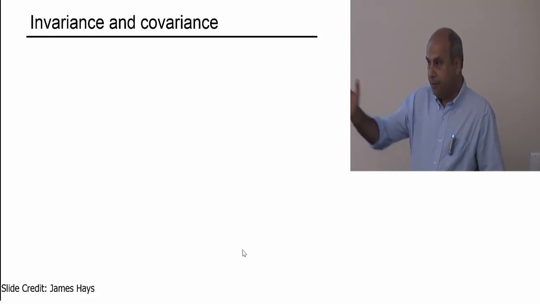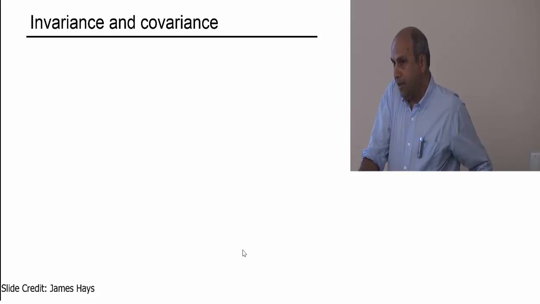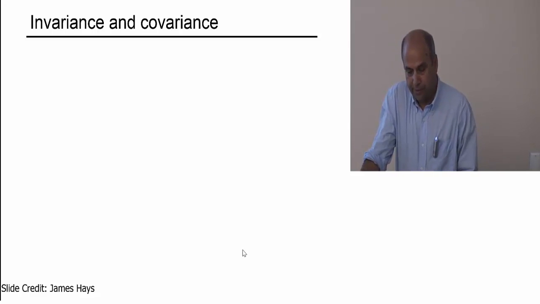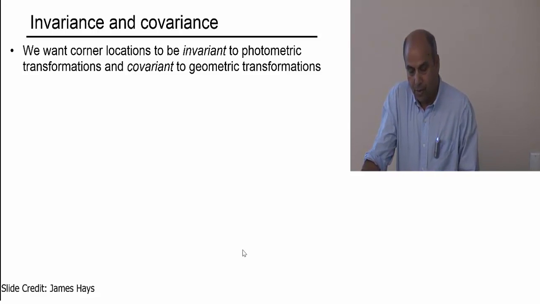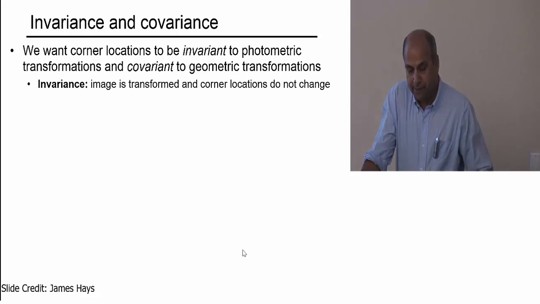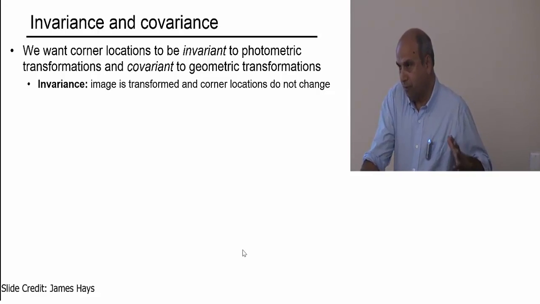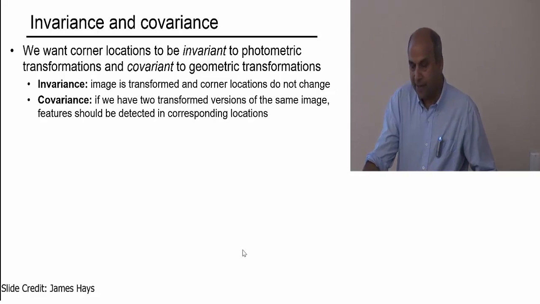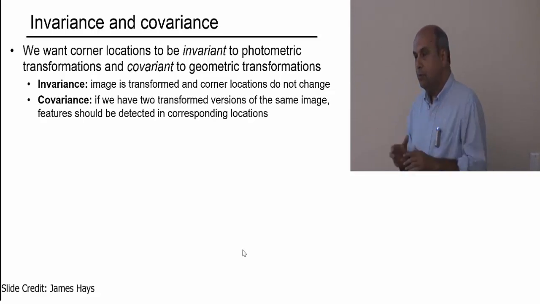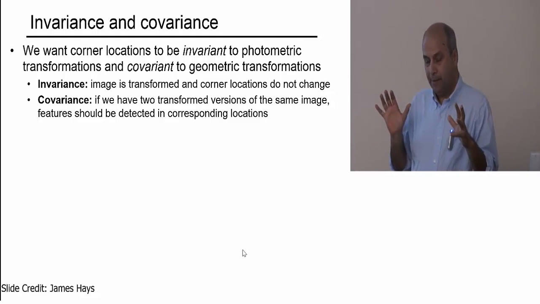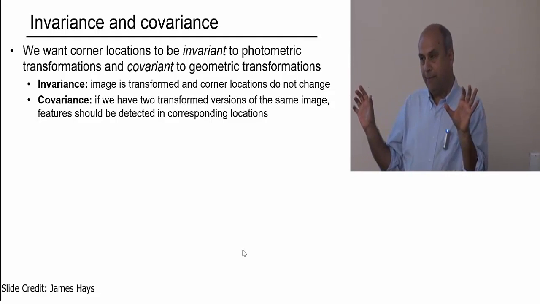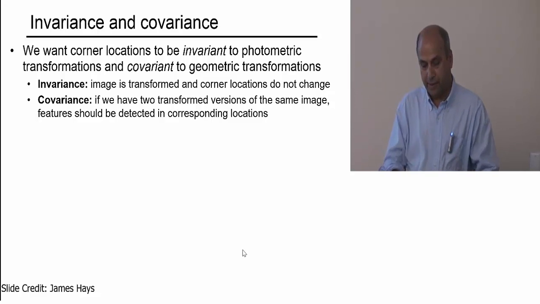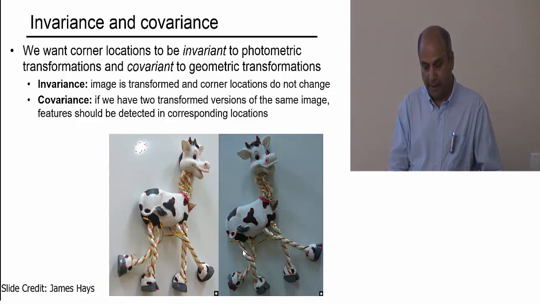So let's talk about what you asked about, invariance and covariance. The idea of invariance is that if the image is transformed, the corner location should not change, and that's what is required. And covariance is that if we have 2 transformed images of the same thing, we should be able to match these features correctly.